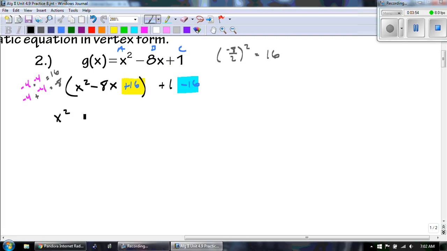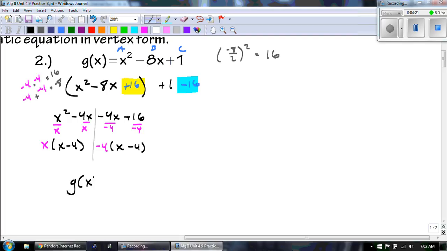So we have x squared minus 4x minus 4x plus 16. We factor out an x, we factor out a negative 4. And we're left with x minus 4 and x minus 4.